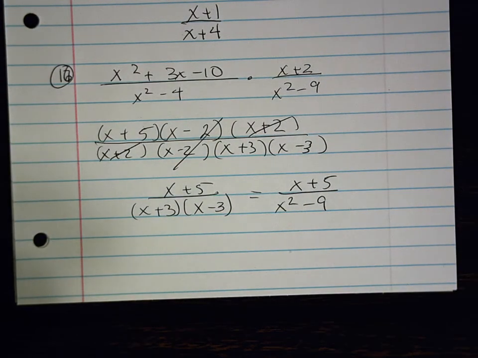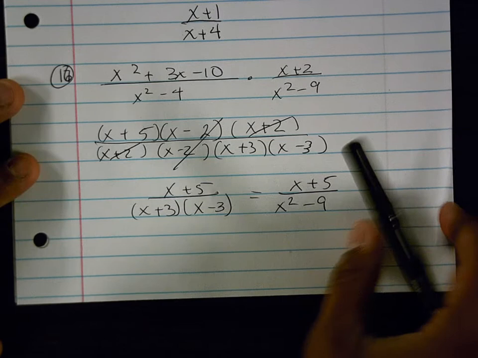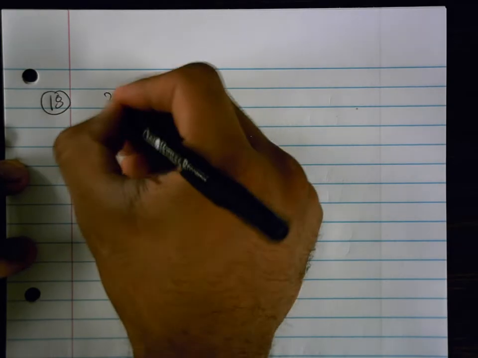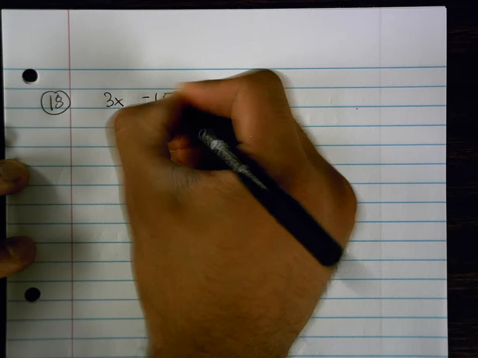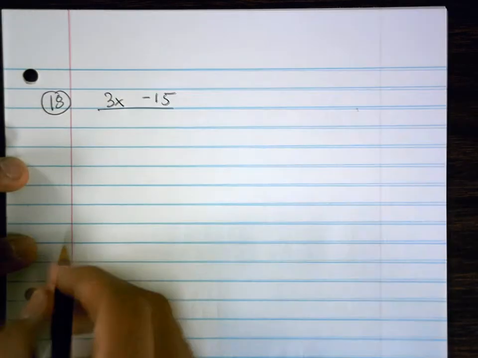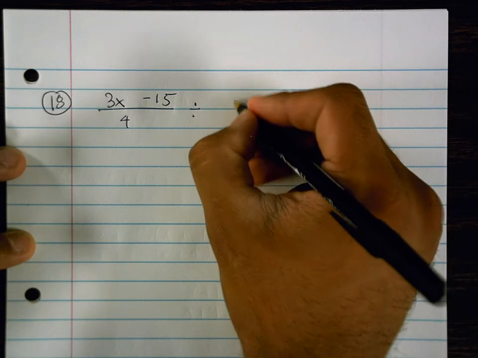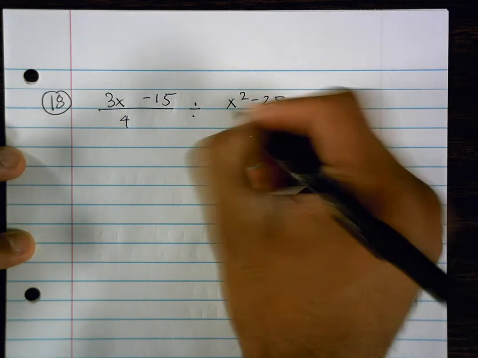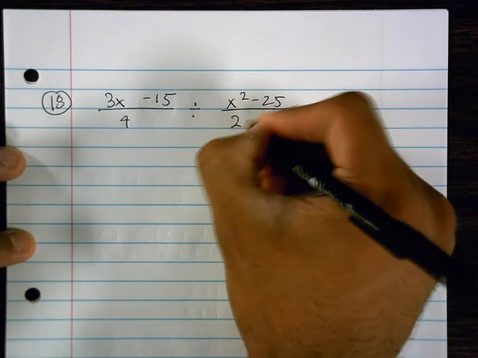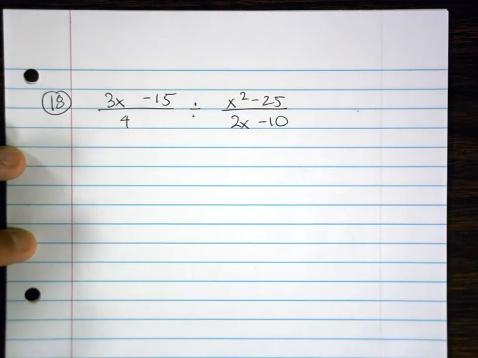All right. Question number 18. 3x minus 15 all over 4 divided by x squared minus 25 all over 2x minus 10.